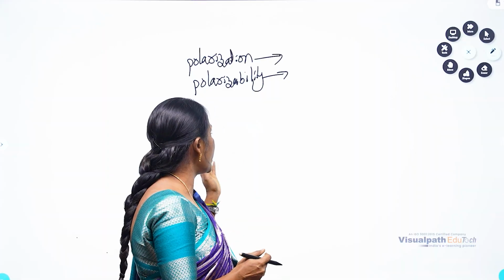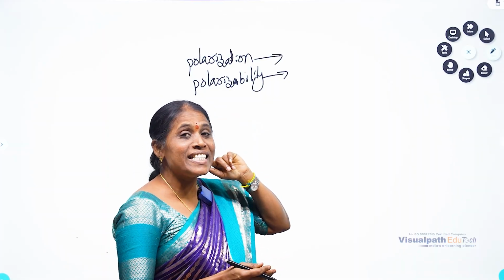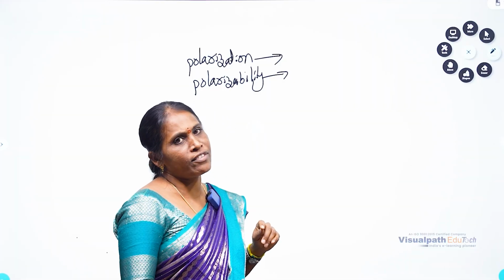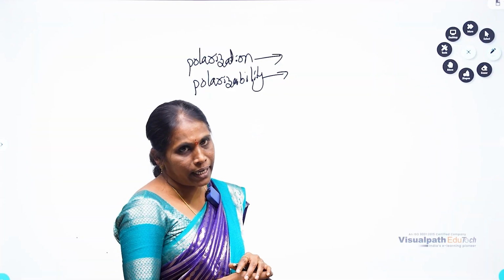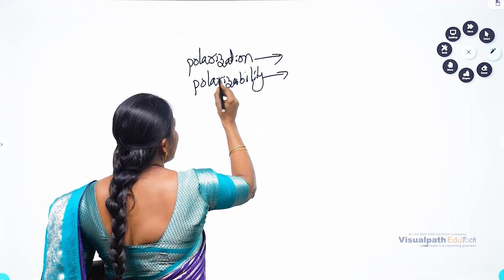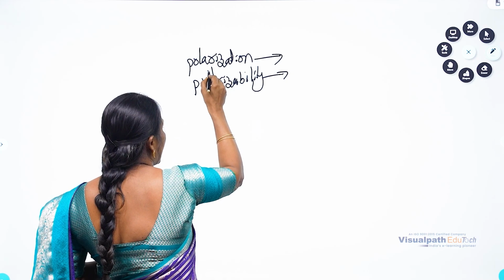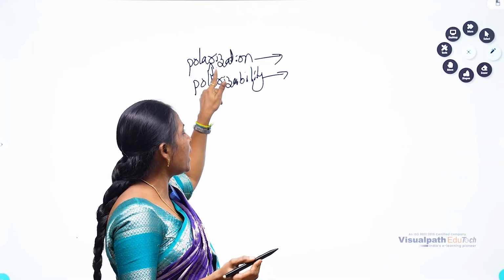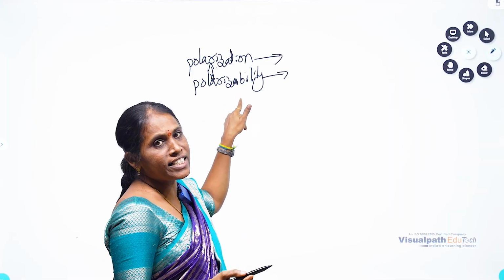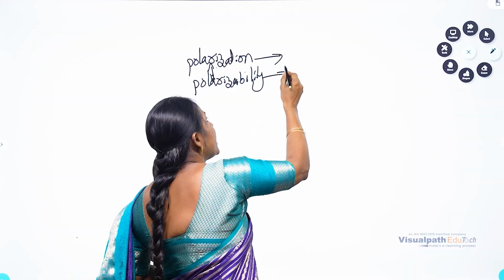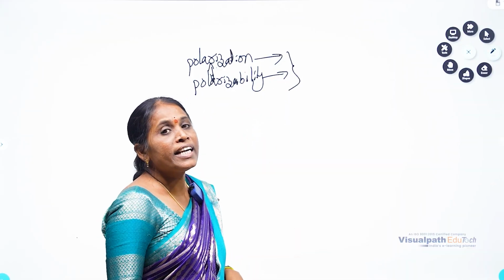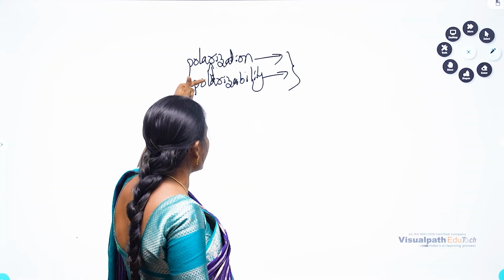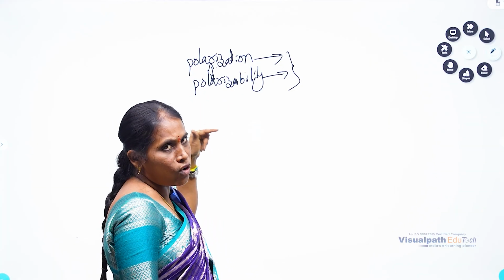Polarizability is the tendency of an ion's electron cloud to distort in an electric field. Polarization means distortion of the cations and polarizability means distortion of the anions. The difference between them gives the degree of covalent character.